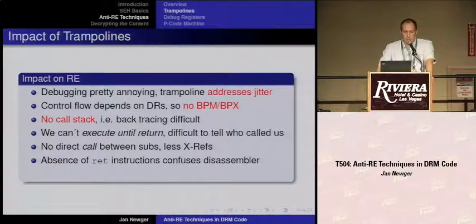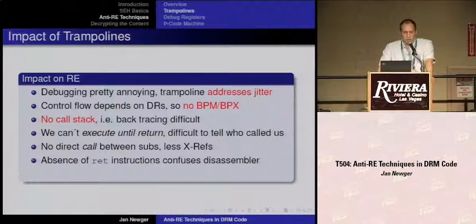So as I said, since the control flow actually depends on the debug registers, we don't have a possibility to use our BPM and/or BPX strategy as I pointed out in the first part. On the other hand, we also have no call stack, as I said, due to the call emulation, so it's pretty hard to backtrace from a nested procedure call.